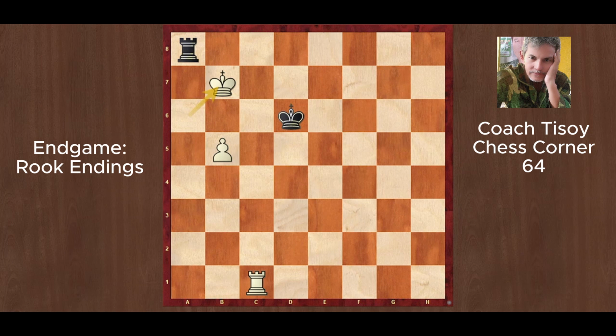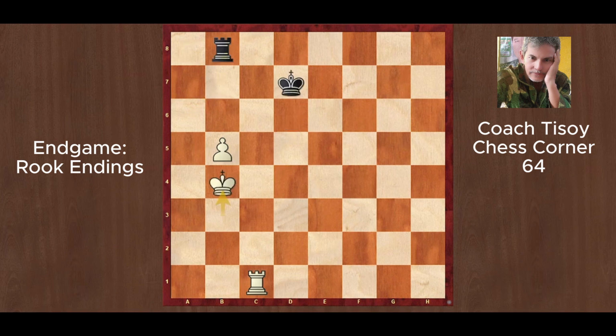If black's king were at d7, it is a draw with black to move. Let's see. Since this is a very simple device, guys, because if the rooks were exchanged, the king will be able to reach the b7 file and the game will be a draw.